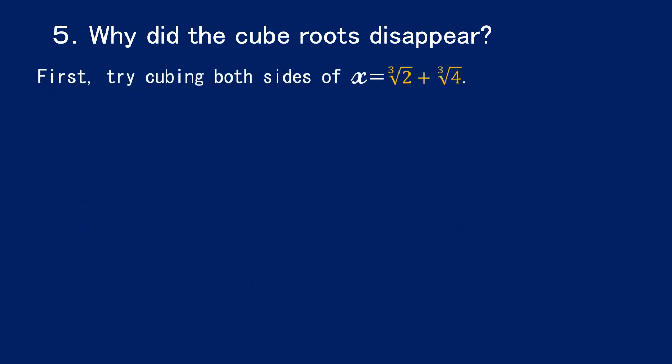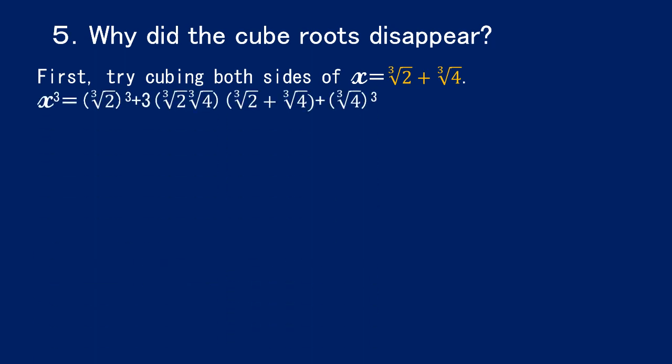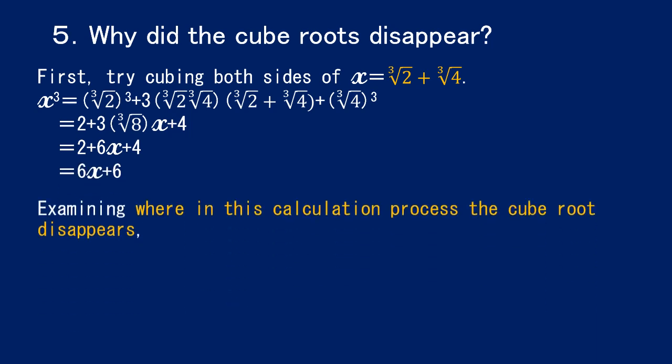First, try cubing both sides of x equals the cube root of 2 plus the cube root of 4. That gives x cubed equals 2 plus 3 times the cube root of 8 times x plus 4, which equals 2 plus 6x plus 4, which equals 6x plus 6.